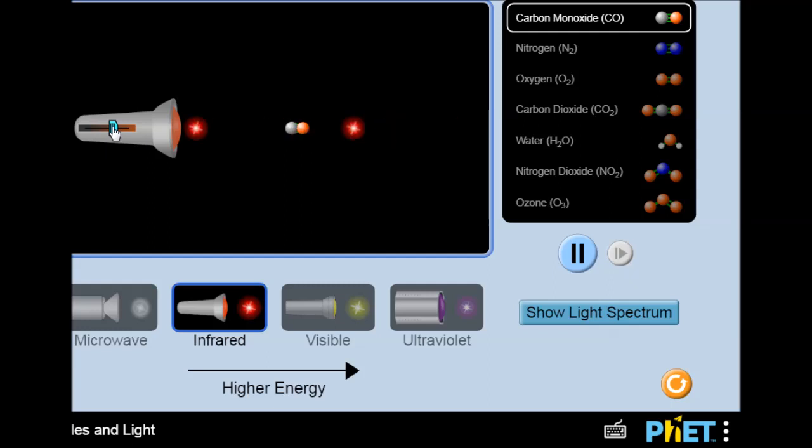The recording software that I'm using doesn't have a very high sampling rate, so it might be hard to see all of the animations here. We have a photon of light, so this simulation is using the particle nature of light to show what's happening. This infrared photon is sometimes absorbed by the carbon monoxide molecule.